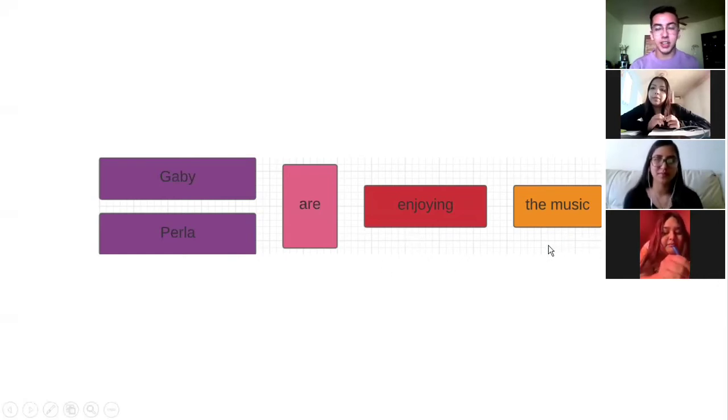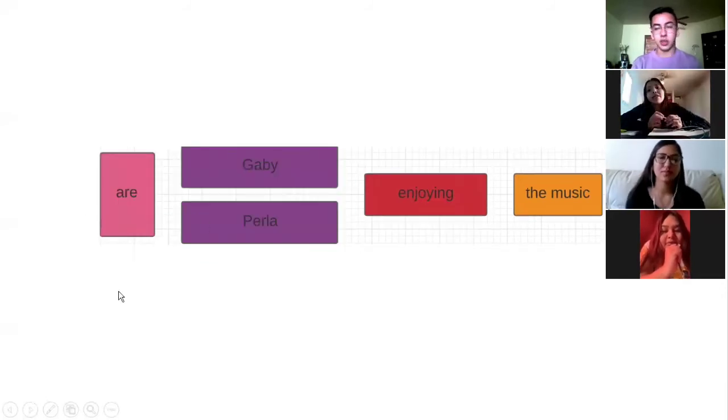Very good. And now, what will we have to do if we wanted to switch the sentence into a question? We move the auxiliary to the front. Exactly. This are has to change to the front of the sentence in order to become a question.